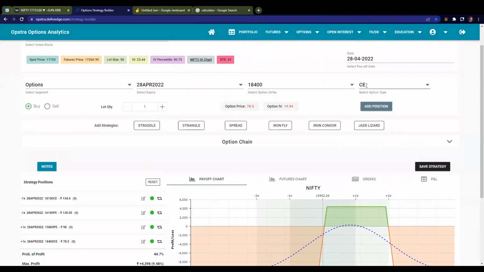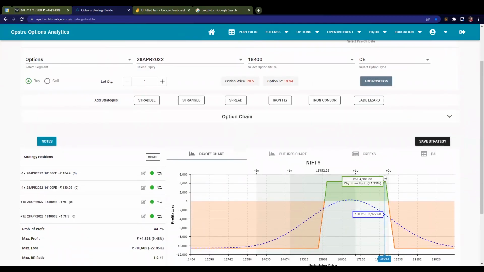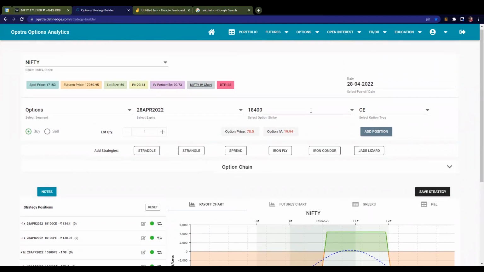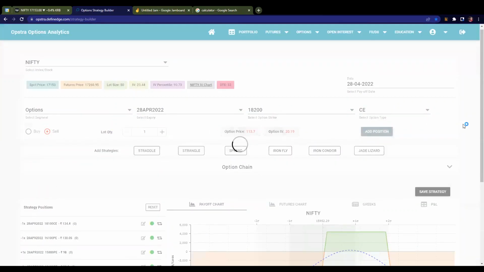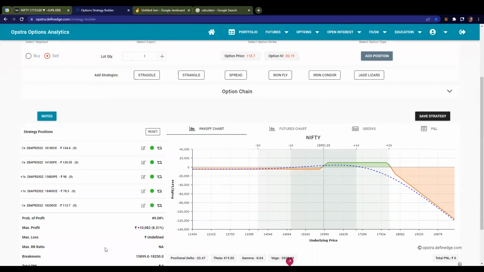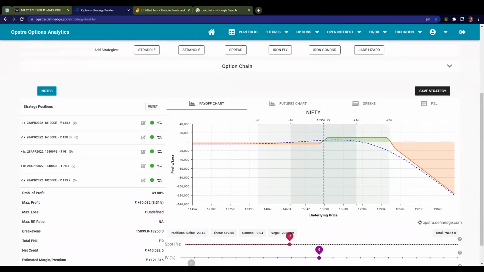What I mean to say is, let's say it comes to here, we're going to sell the 18,200 call option. You can just sell it for the same expiry. You see, the maximum loss now becomes 5,000 on the downside.